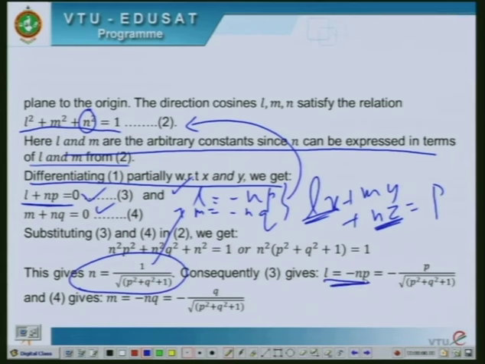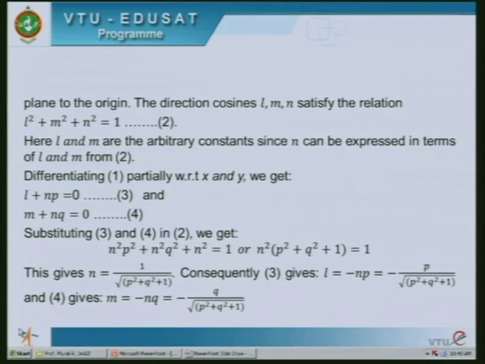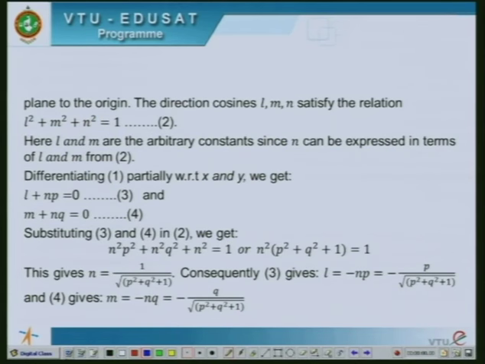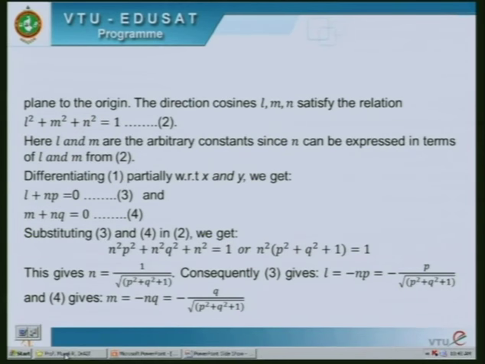So, l is minus np, which will give you minus p by root of p square plus q square plus 1. m is minus nq from this expression. Substitute n, you get minus q by square root of p square plus q square plus 1. Just substitute these values in the given relation to get the required PDE.